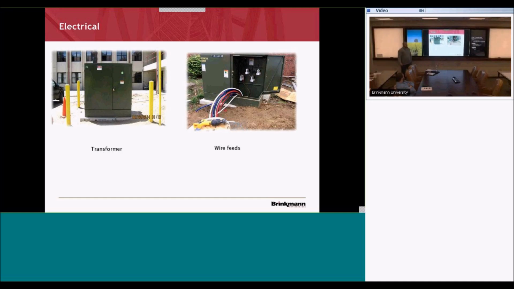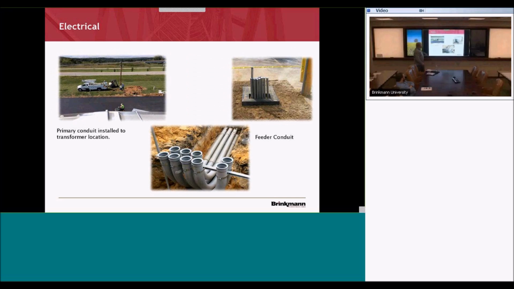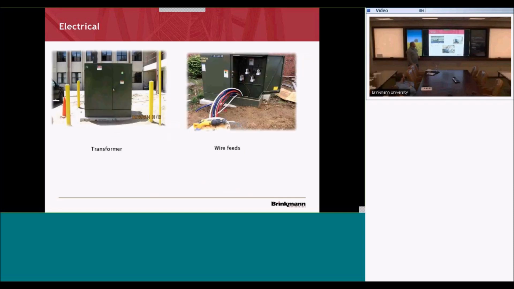Right. So what Ben said, the utility company is usually going to provide their power down their pole and to the transformer. We're going to provide usually the conduit in there, not all the time, but sometimes we provide just the run for them and a pull string. They'll pull their power all the way through to the transformer.